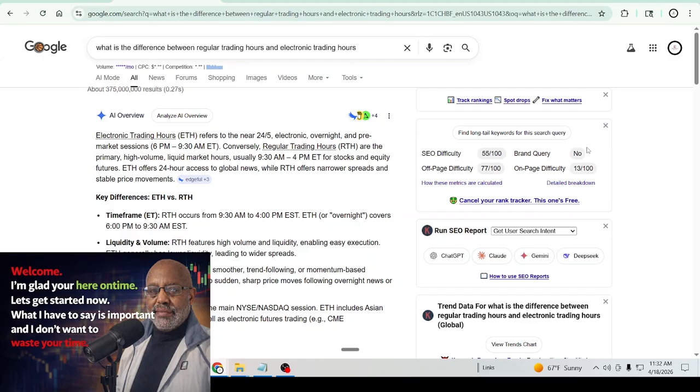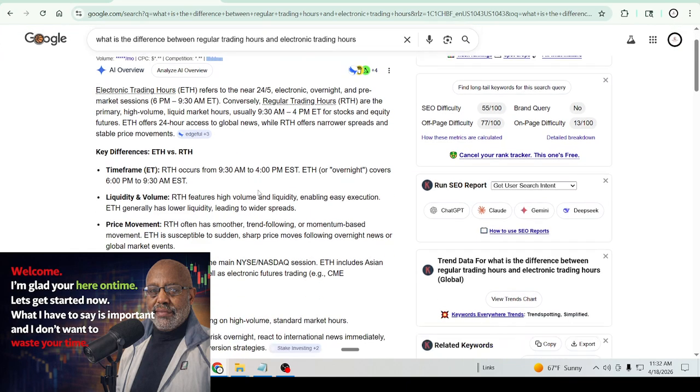Electronic trading offers 24 access to global news, while regular trading offers a narrow spread and stable price movements. Key difference: Eastern Standard Time, regular trading hours occur from 9:30 to 4 p.m. Electronic trading hours or overnight covers 6 p.m. to 6:30 a.m.